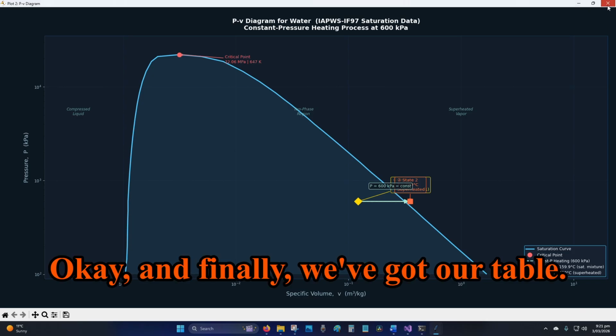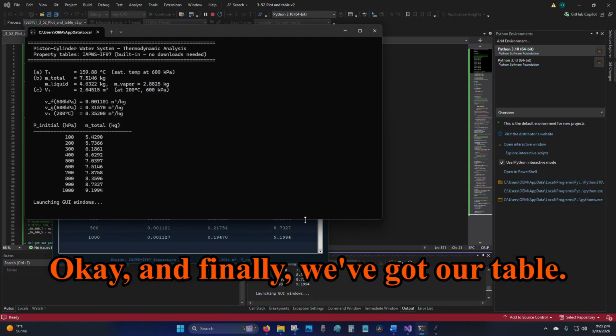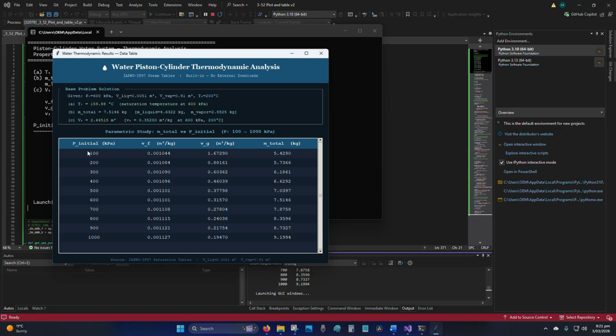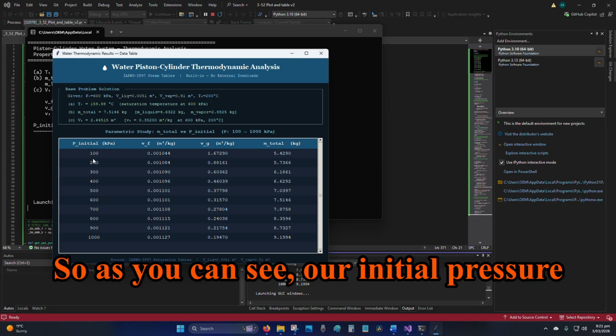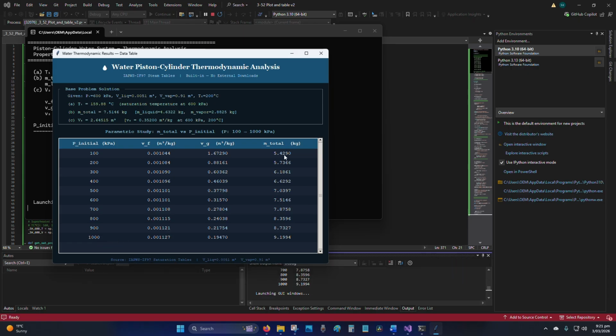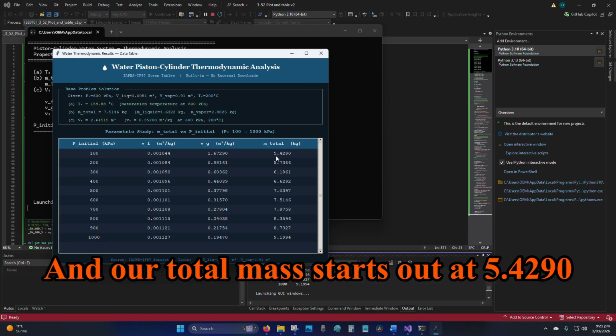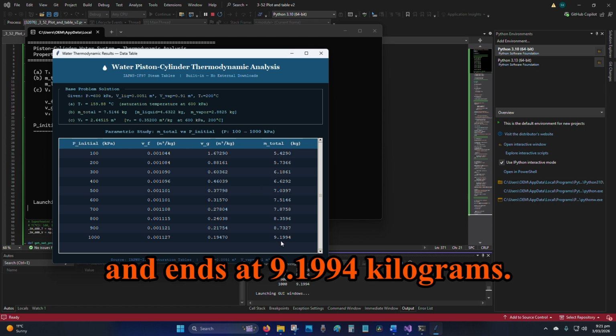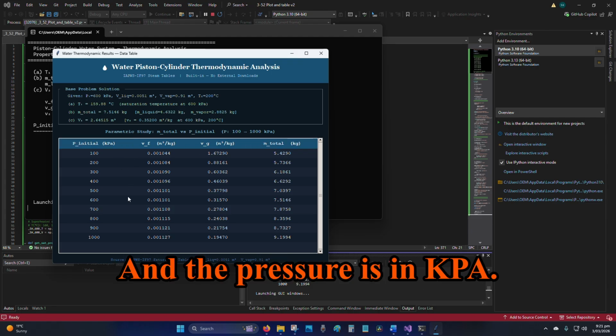Okay, and finally we've got our table. So as you can see, our initial pressure starts out at 100, ends at 1000, and our total mass starts out at 5.4290 and ends at 9.1994 kilograms, and the pressure is in kPa.